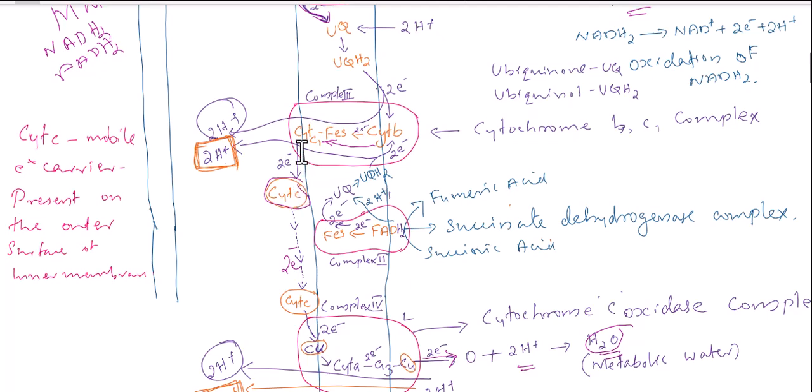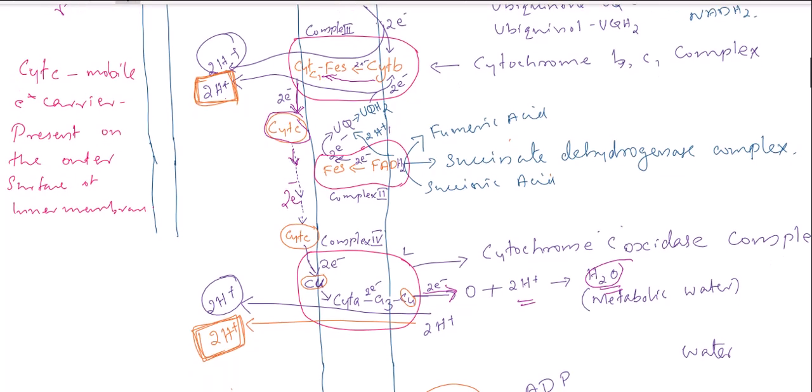It carries the electron from complex 3 and can move forward. It is a mobile carrier, and it moves downwards and ultimately reaches complex 4.